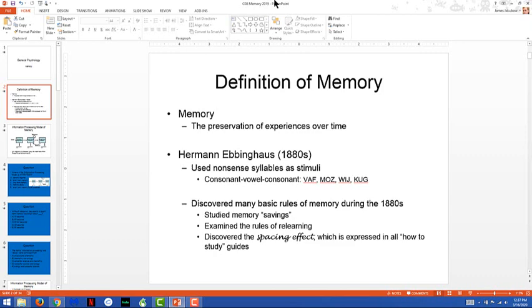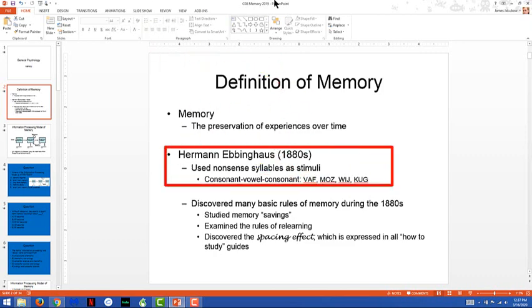Now, when psychology got started in 1879, one of the very first researchers that started to address the whole issue of memory was this fella Hermann Ebbinghaus. And Ebbinghaus and the other early psychologists were really primarily concerned with consciousness. That is, more than anything else, the primary goal that early psychology had was to understand consciousness.